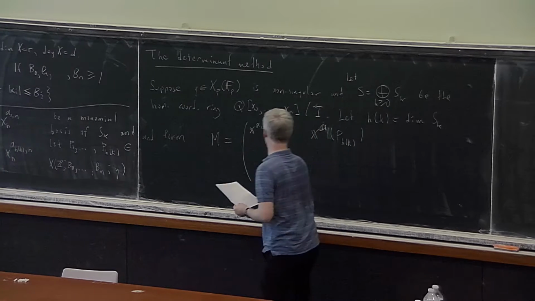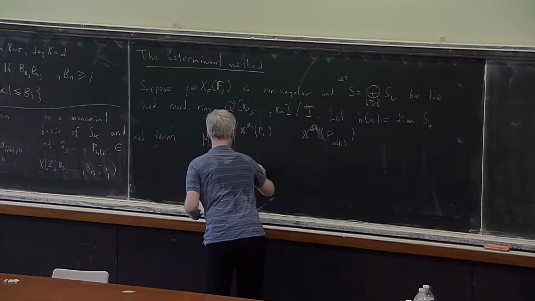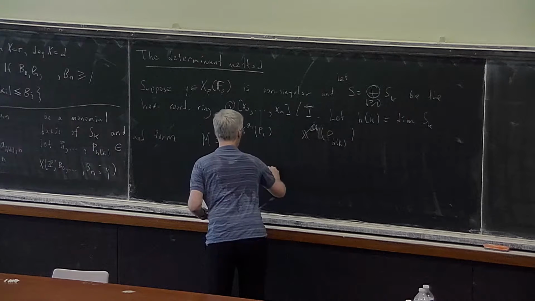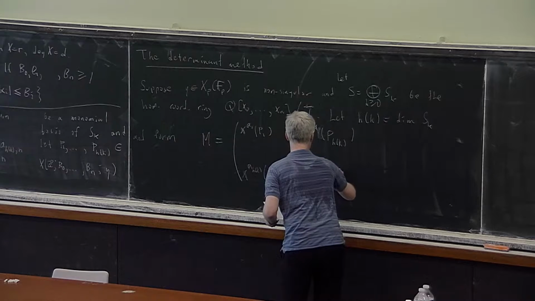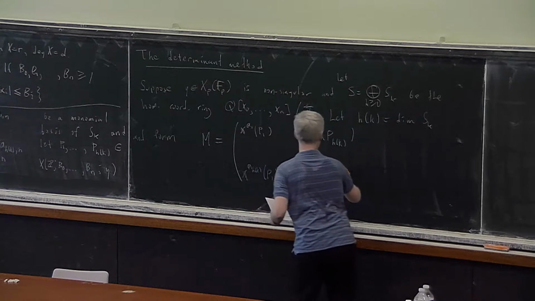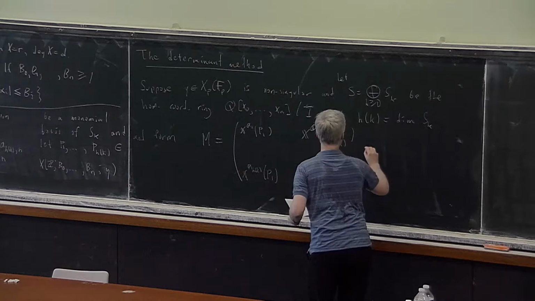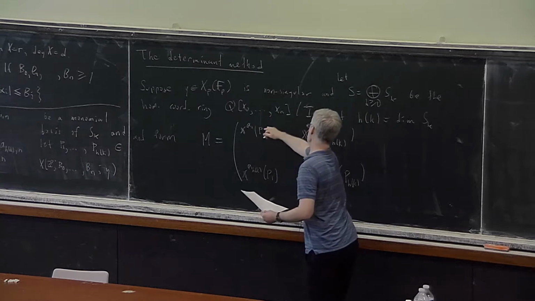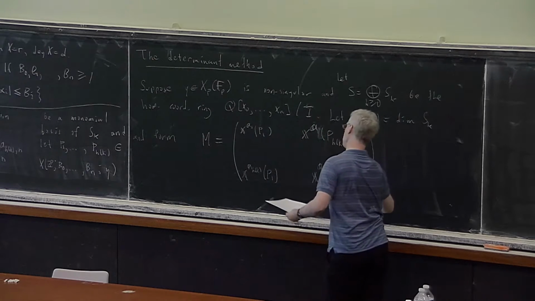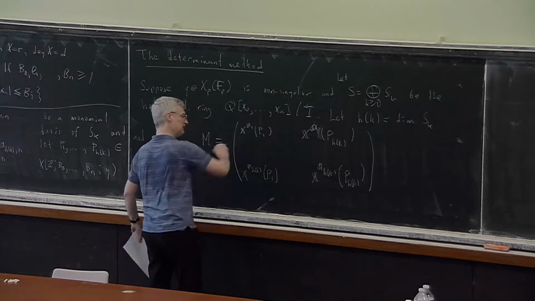So this is the first row, and the last one is then you take the last monomial x^{a_{h_k}} and you evaluate it in all the points here, in p_{h_k}. Of course, these are well defined only up to sign, but you choose one representative and then you form this.